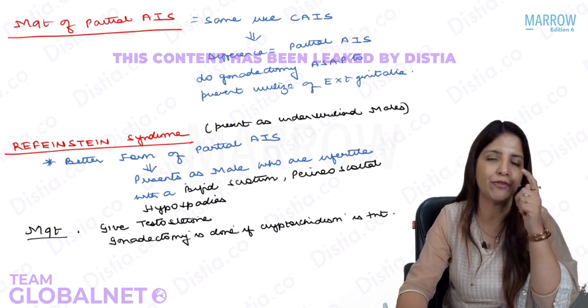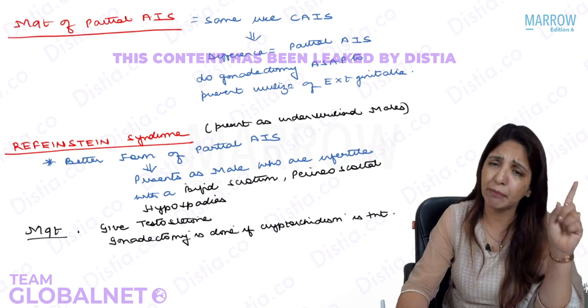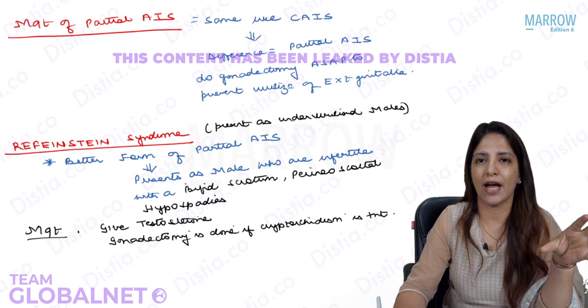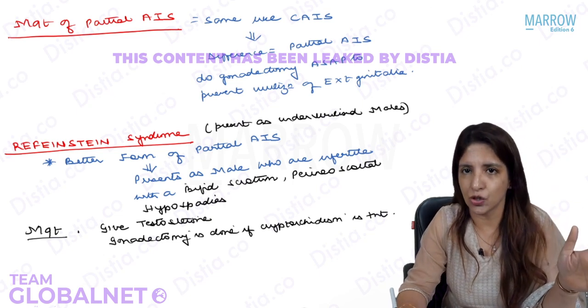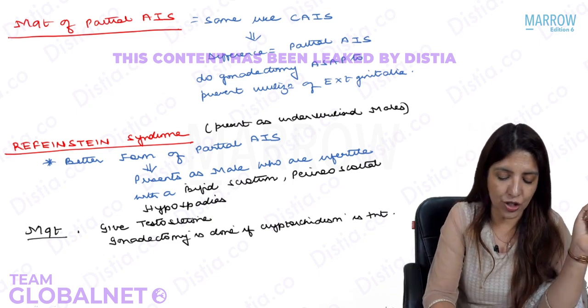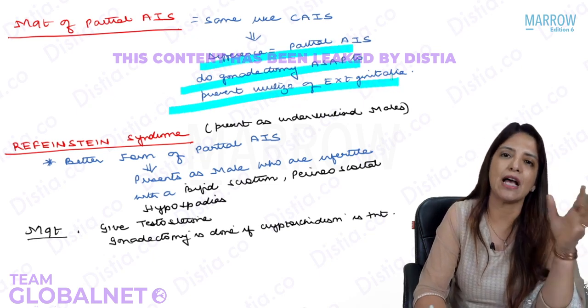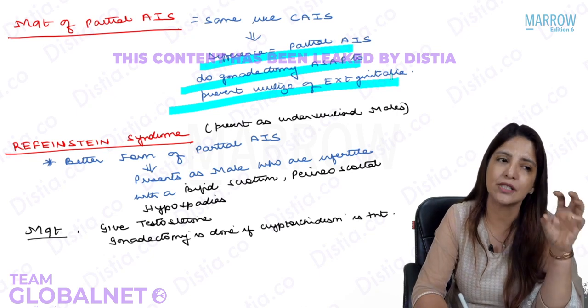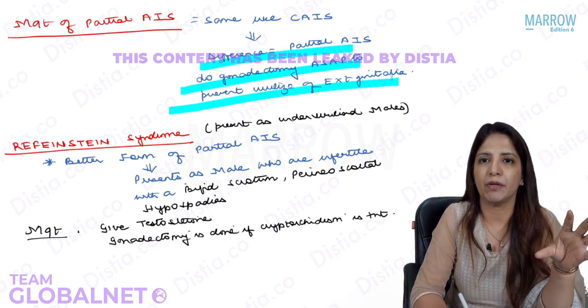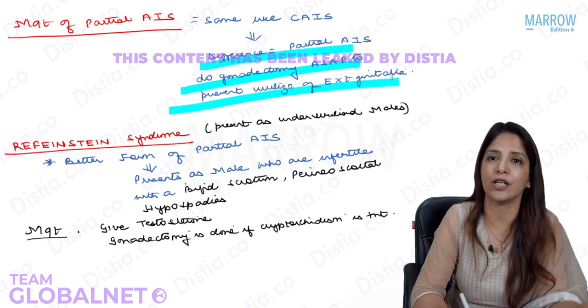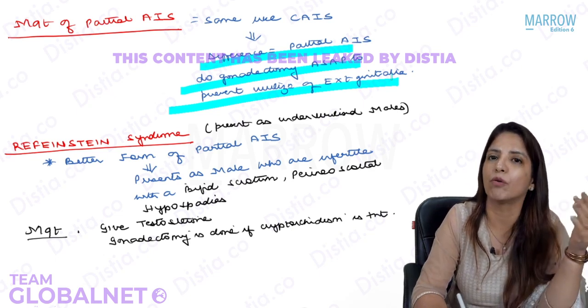Again, there is just one difference over here. In complete androgen insensitivity syndrome, I was waiting for gonadectomy till 16 to 18 years of age. In partial androgen insensitivity syndrome, you have to do gonadectomy as soon as possible, because as long as the testes are there, they are going to release testosterone and the external genitalia will become more and more male-like.